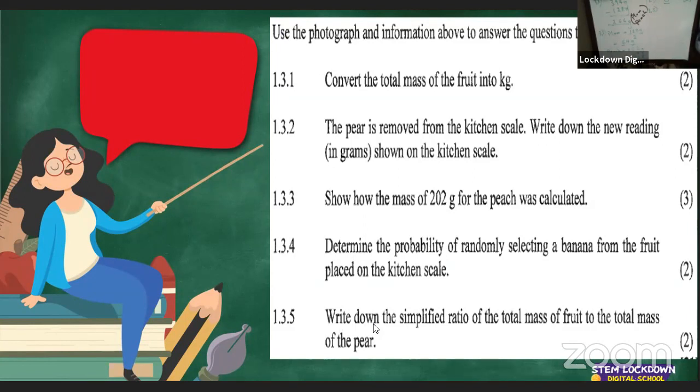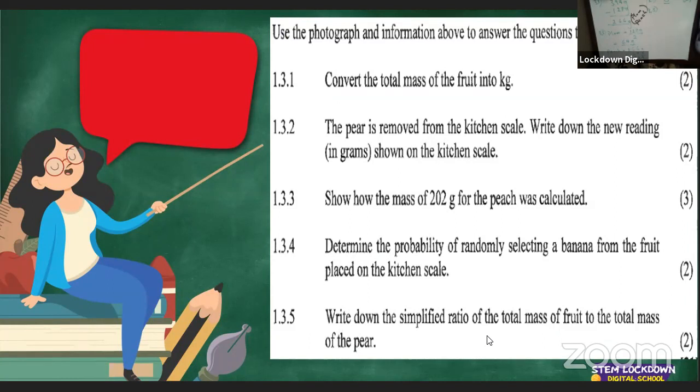Question number 3.5 says, write down the simplified ratio of the total mass of the fruit to the total mass of the peel.